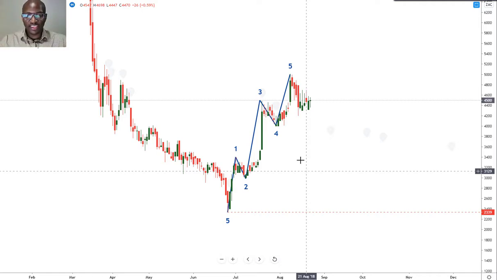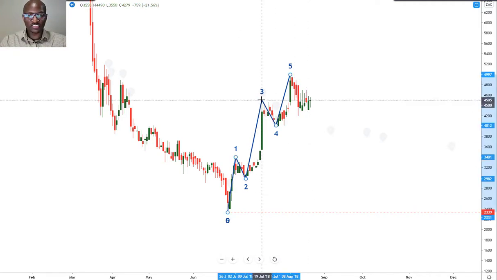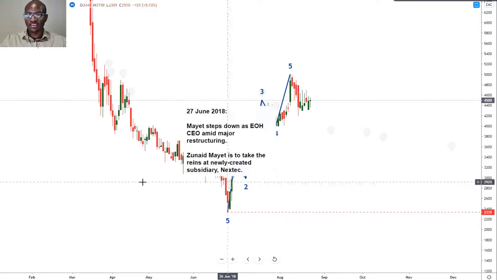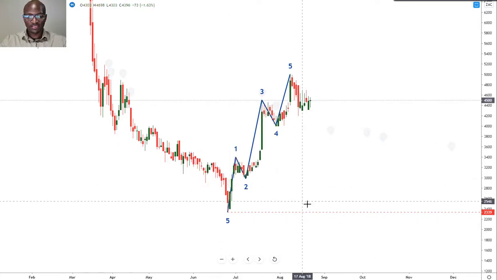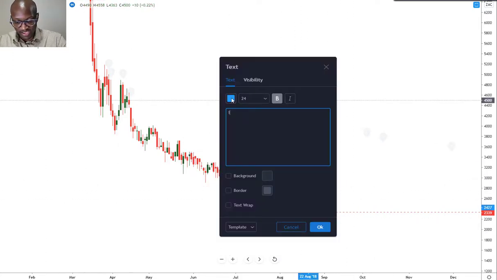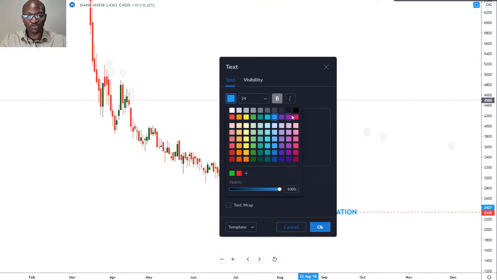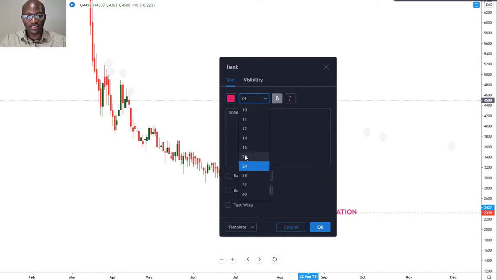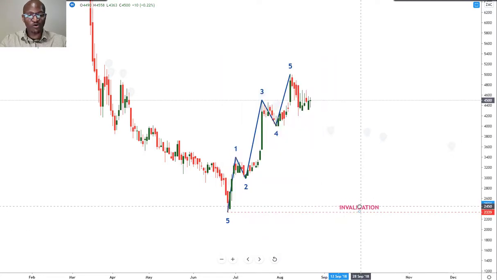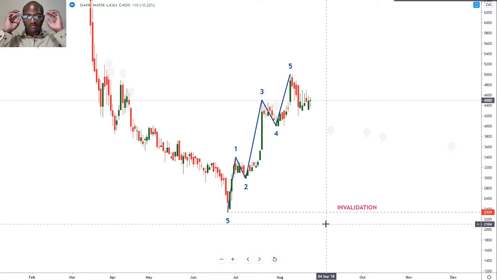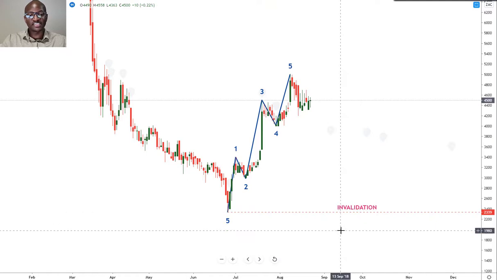But with any system, there's no such thing as perfection. That's why I would then label this bottom here as invalidation. And this again is the beauty with the Elliott Wave Principle. When you are wrong, it lets you know that you are wrong. You don't end up holding for long periods of time hoping that the market goes in your favor. So what does invalidation mean?